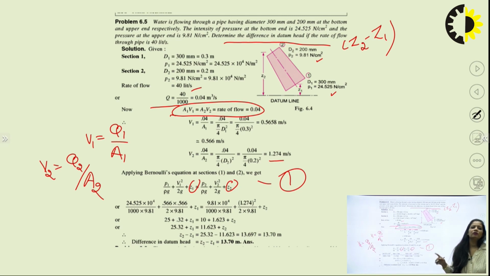Solve it for Z2 minus Z1 or Z1 minus Z2, whatever you want. After solving, you are going to get Z2 minus Z1 as equal to 13.70 meter. This will be your answer for this problem.